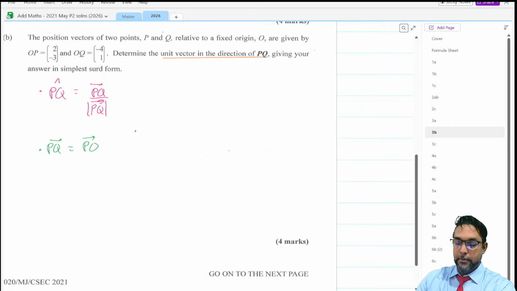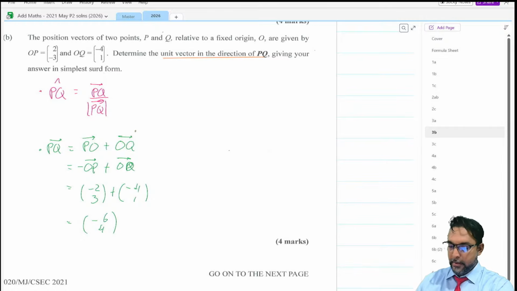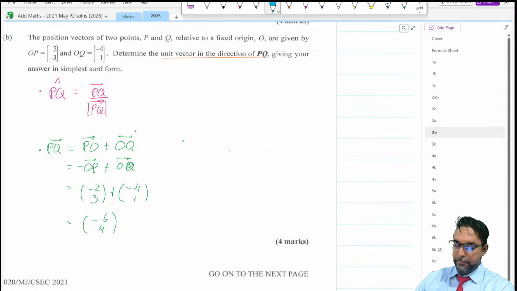PQ is equal to PO plus OQ. PO is the inverse of OP. Right, so that's going to give us minus 2 and 3 plus the minus 4, 1. That's minus 6, 4. Right, and then the magnitude of PQ.